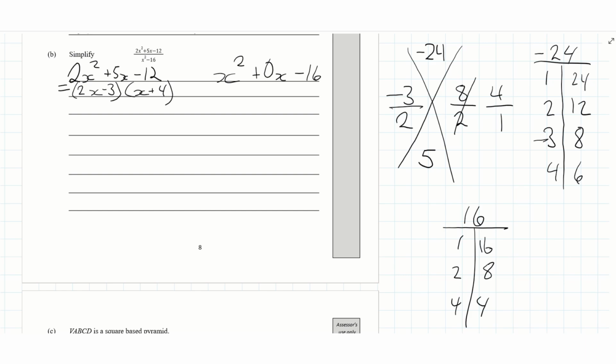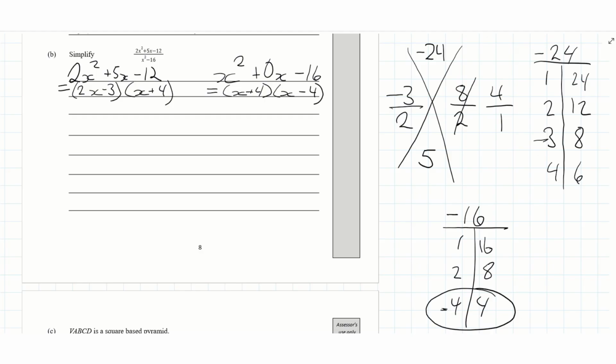We can see that we want to make it negative. One of these is going to have to be negative, either the left side or the right side. We want these two numbers here, and I'm going to make the left-hand side negative. So when I factorize this, it is going to be equal to open bracket x plus 4, close bracket, open bracket x minus 4.